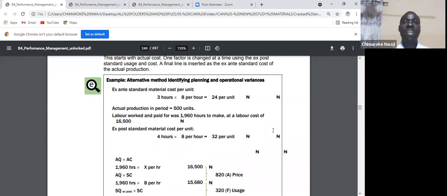Note that you must have more than one material to do this. There must be substitutes. Okay, then we have the sales volume variance. And so you can divide them into sales quantity and sales mix.